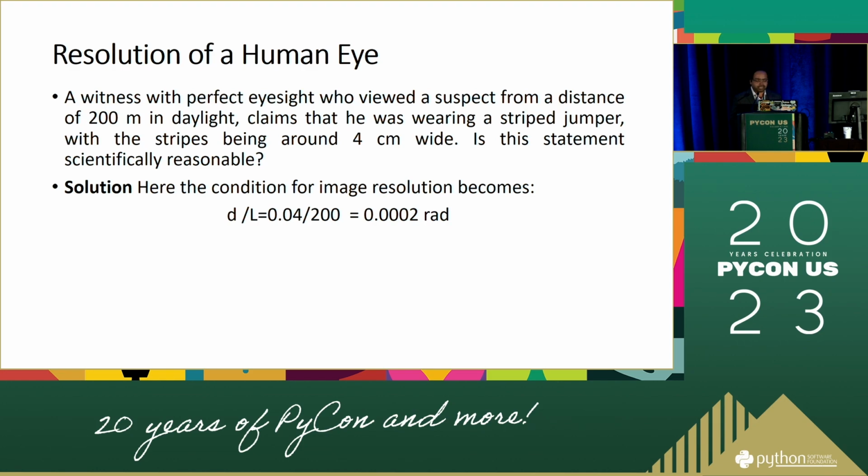Now we need to determine whether this statement is scientifically reasonable, that is, whether the person is telling the truth or lying. After calculating, we get a value of 0.0002 radians. So it is not satisfying the previous condition. We can conclude that the person is lying, or his evidence cannot be considered.